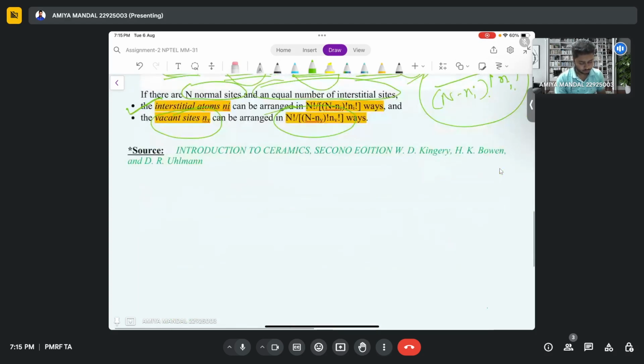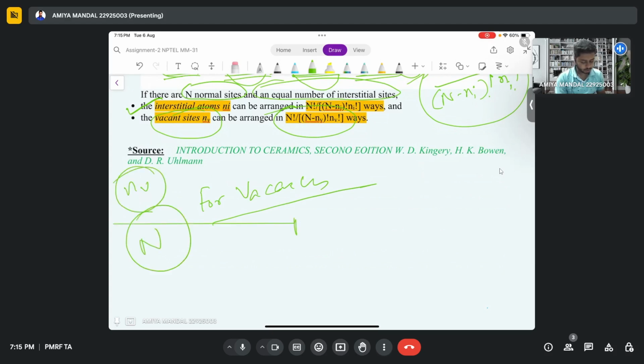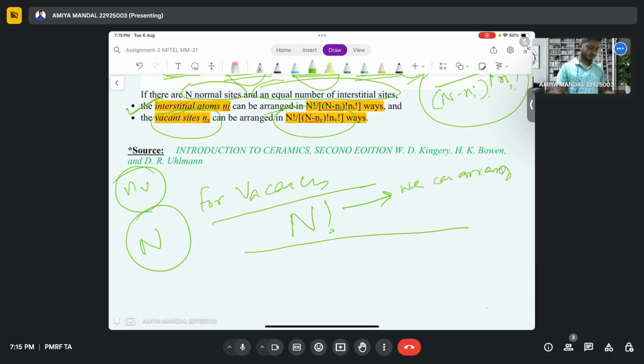So for vacancies, if there are N sites and nv is the number of vacant sites, first of all, how many times can we arrange? N factorial. We can arrange the N sites in N factorial ways.